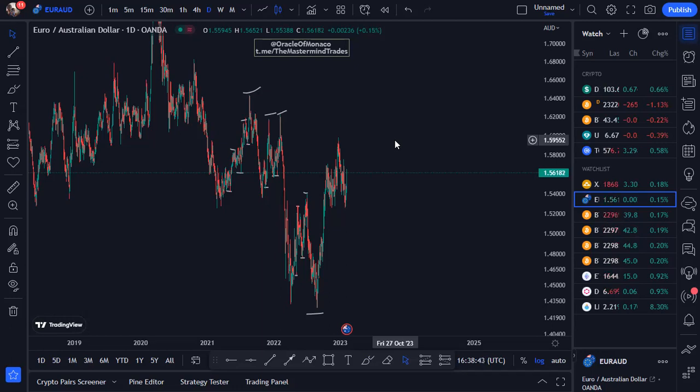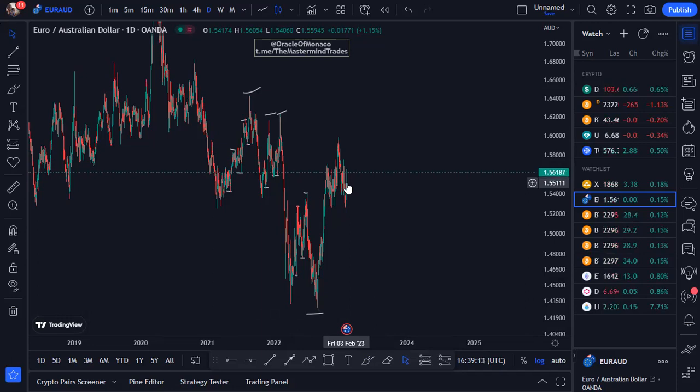These are literally the same thing in my opinion, except that while a break of structure basically just looks at every point that a high or a low is taken out from an overall structure like this, a change of character doesn't just look at areas where highs and lows are taken out.